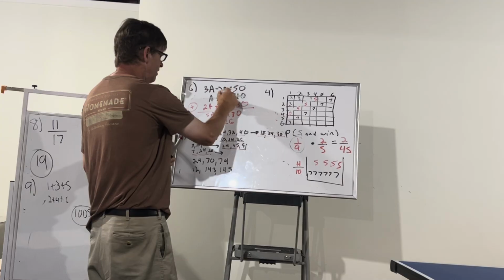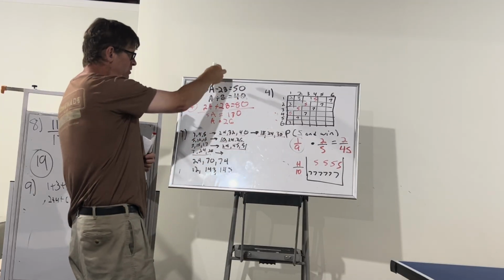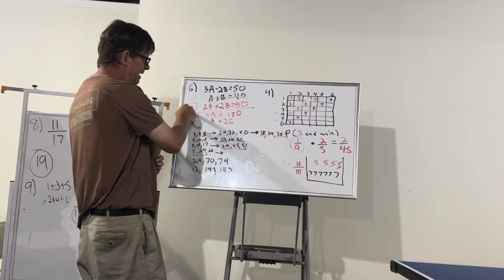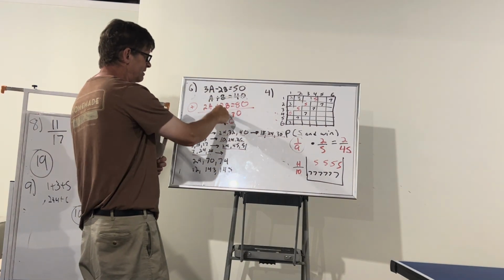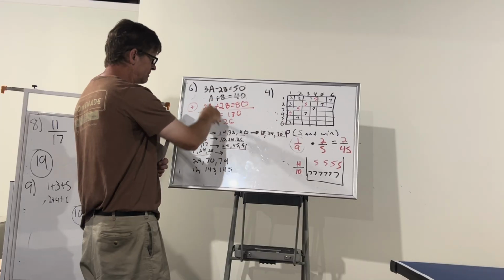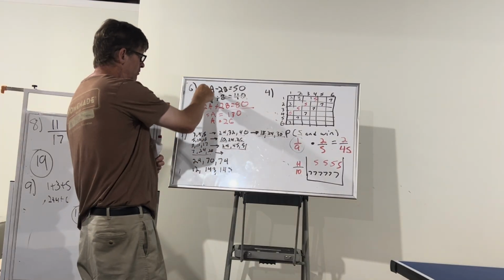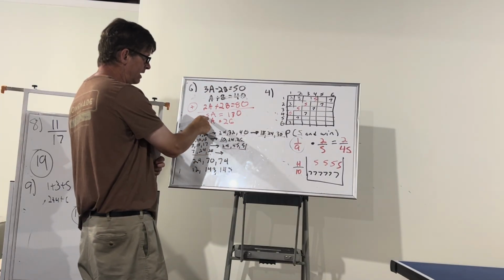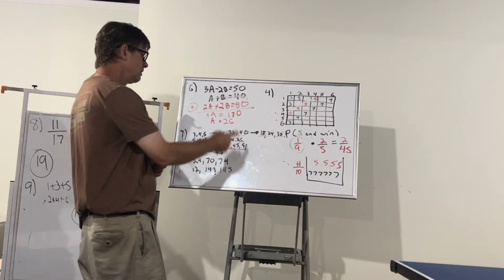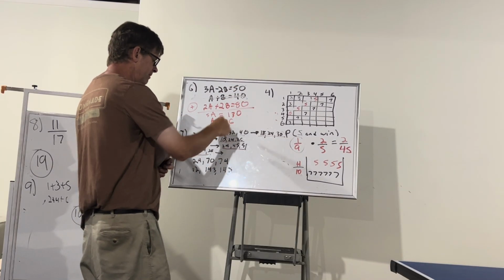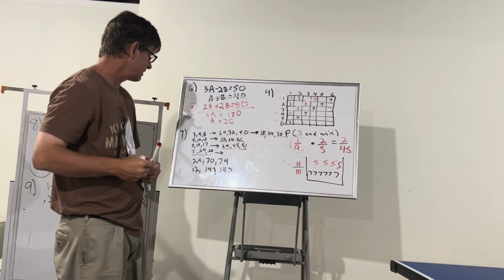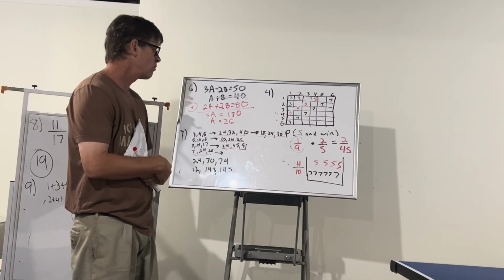Then you can combine these two equations by addition in this case, because that's going to make the b's go away. Negative 2b plus 2b is nothing. So I got 3a plus 2a is 5a. 50 plus 80 is 130. Divide 130 by 5. A, which is the number you got correct, which is what they were asking, is 26.